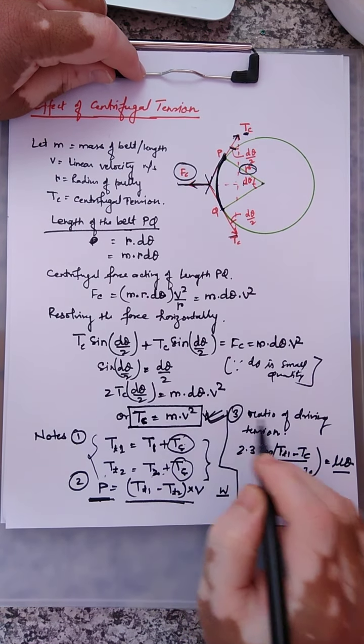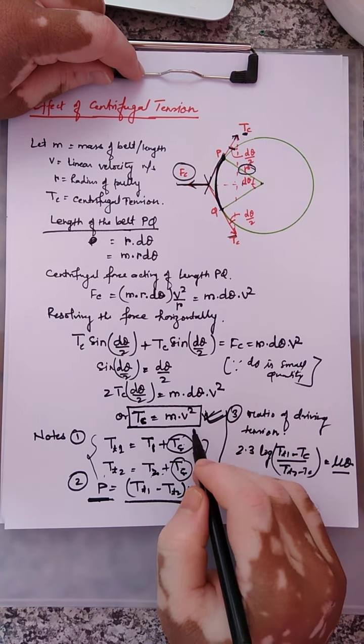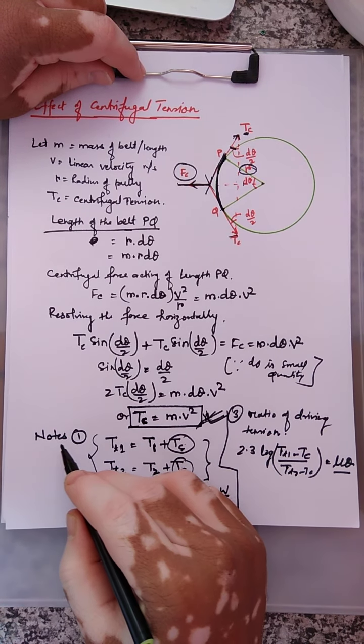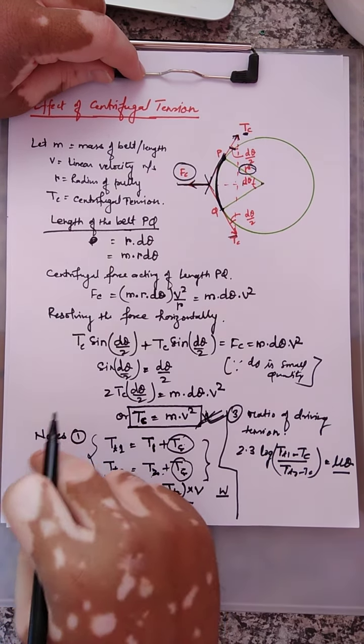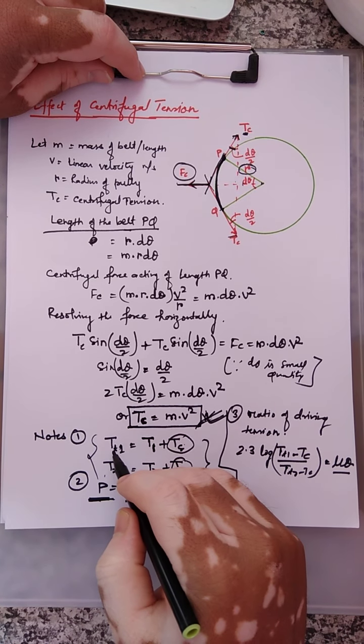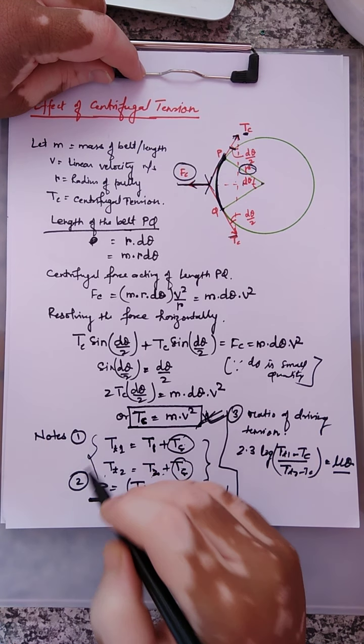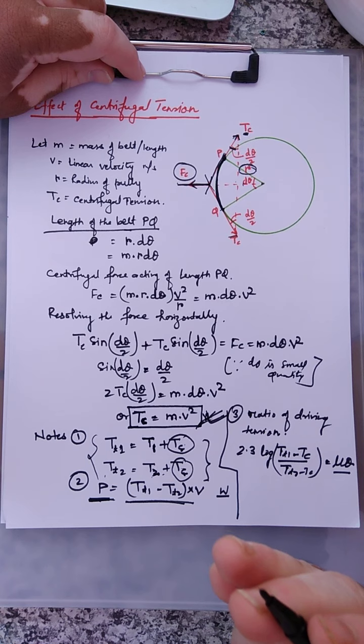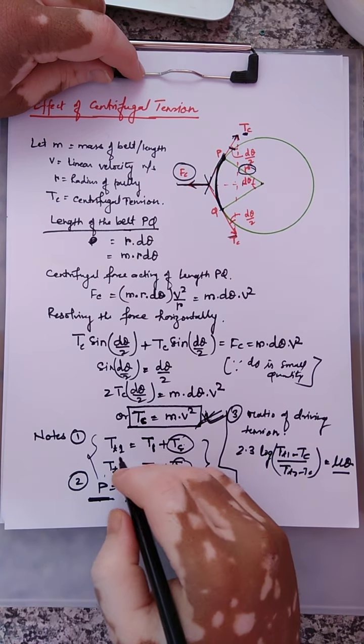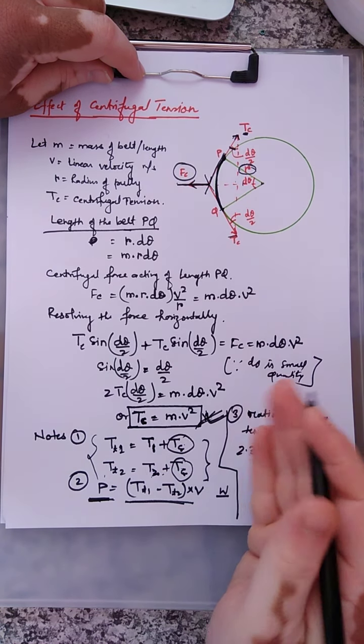Okay, now what we draw from here are important notes. If we consider centrifugal tension, what will be the total tension in the tight side and in the slack side?